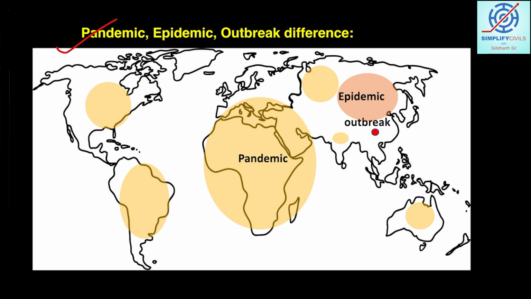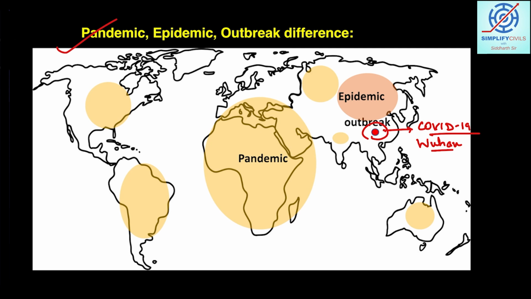See, an outbreak is a point from where the first cases were seen and from where the disease is spreading. For example, in the case of COVID-19, Wuhan in China was the location of the outbreak of the disease, from where it started to spread.